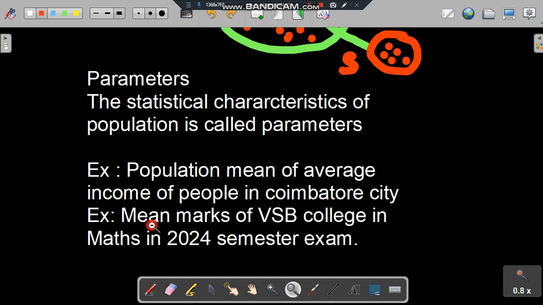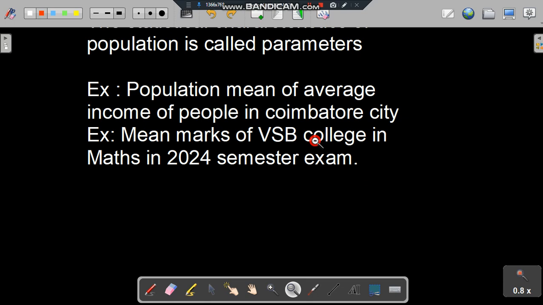Another example: mean marks of all the students in the VSB college in maths during the 2024 semester examination. That is a good example for parameters. So the statistical characteristic of a population is called a parameter.